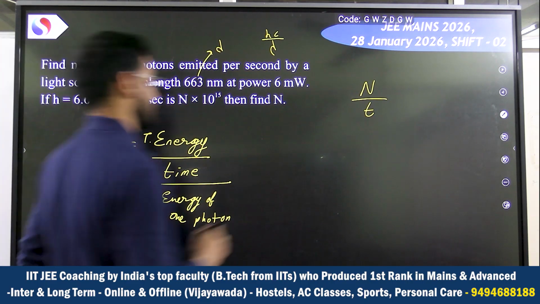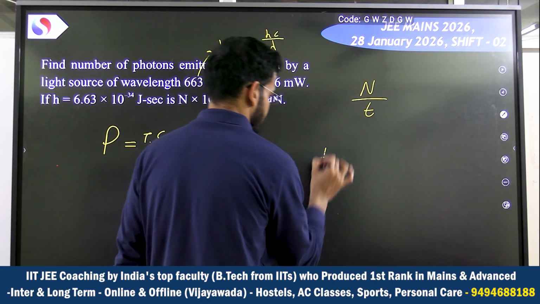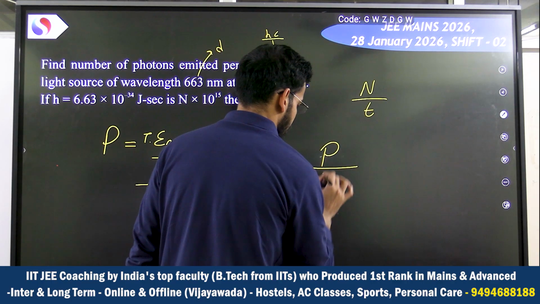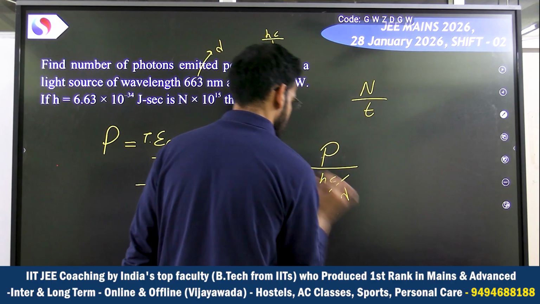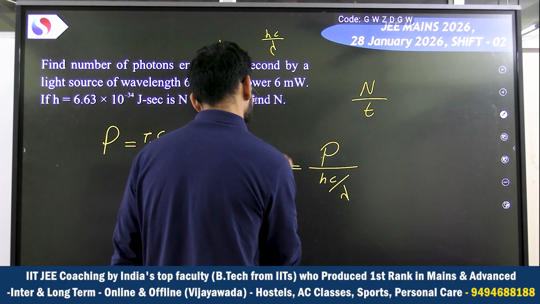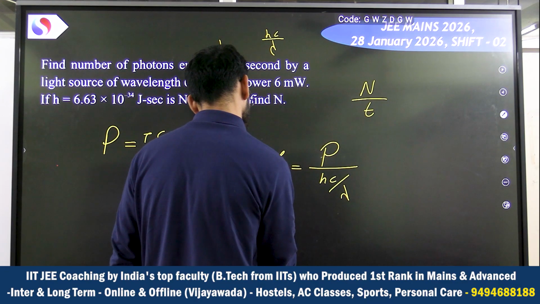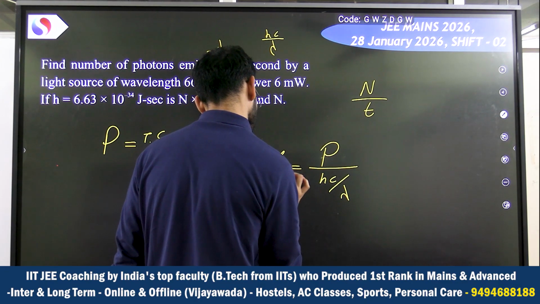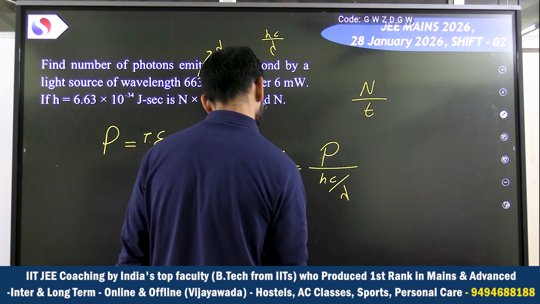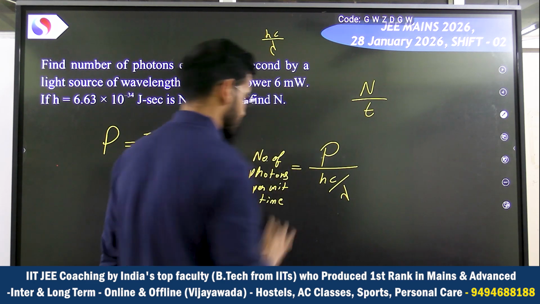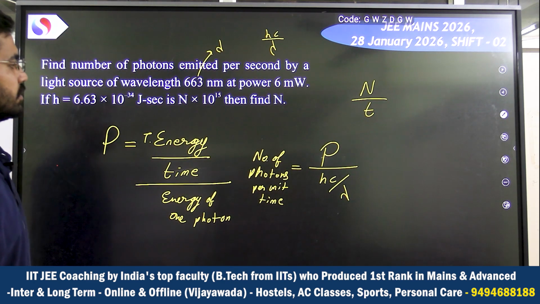So that's what I am saying. Okay, so if you divide the power by hc by lambda, then you will get the number of photons per unit time, or you can say per second. Okay, so that is only your answer.